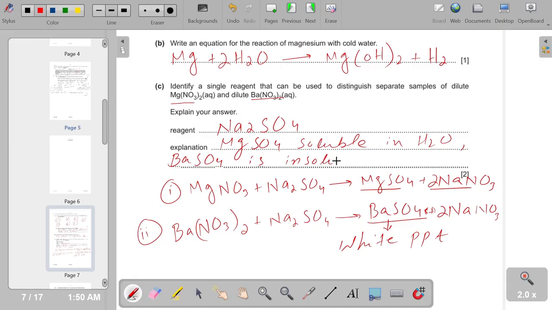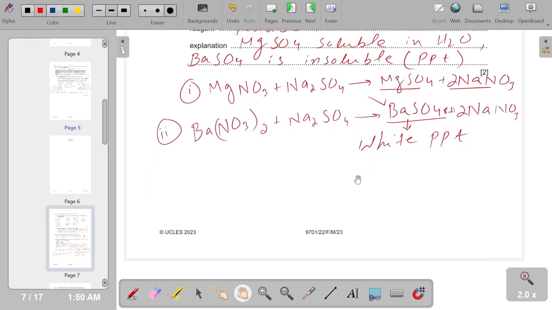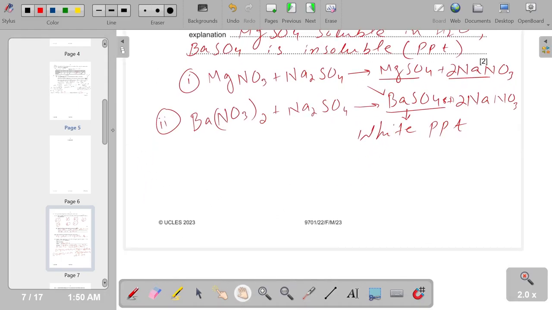It will give a white crystalline precipitate. This is a famous test for sulfates. I hope you did this in your O levels: for the test for sulfates, we use barium.